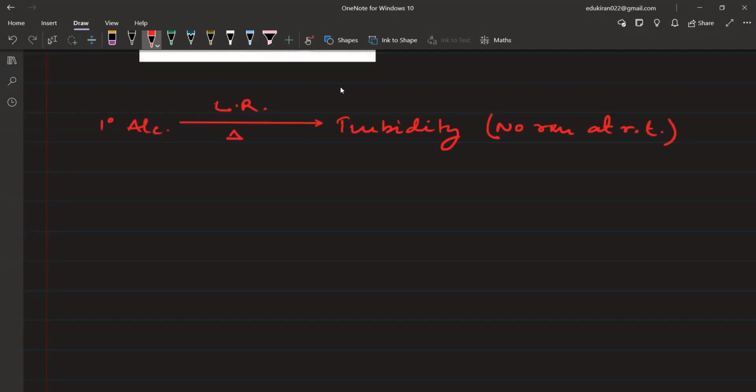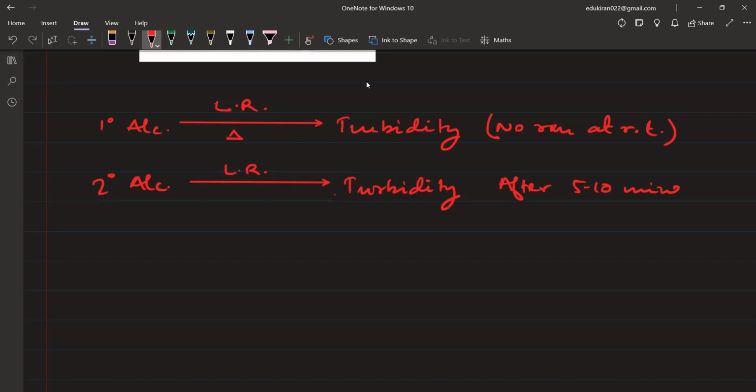So this requires time. 2 degree alcohol at room temperature only is going to give you turbidity, but this requires time. Lucas reagent is going to give you turbidity, but after 5-10 minutes. 3 degree alcohol doesn't even require the Lucas reagent completely.